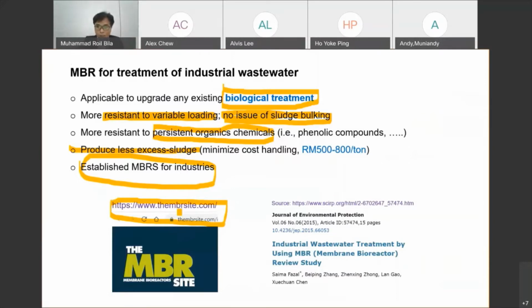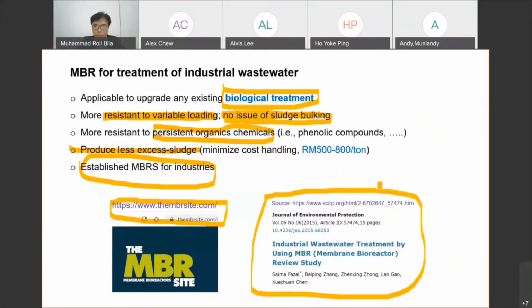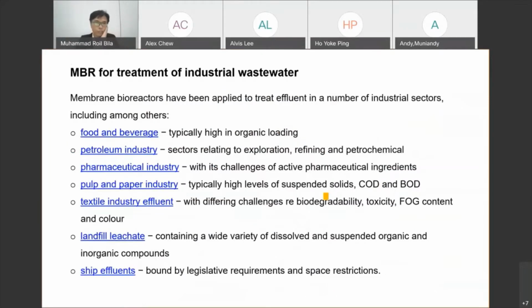And this paper is also useful if you would like to go in depth about the progress of membrane bioreactor for industrial wastewater. For treatment of industrial wastewater, MBR has been applied to treat effluents in a number of industrial sectors. I'm following the classification from the MBR site.